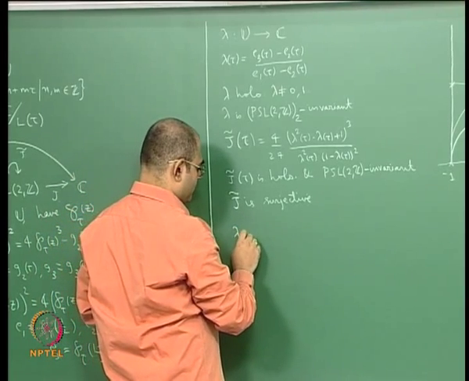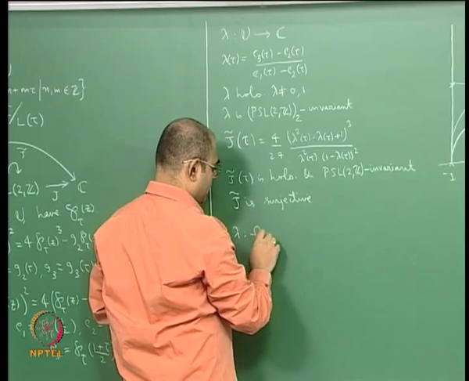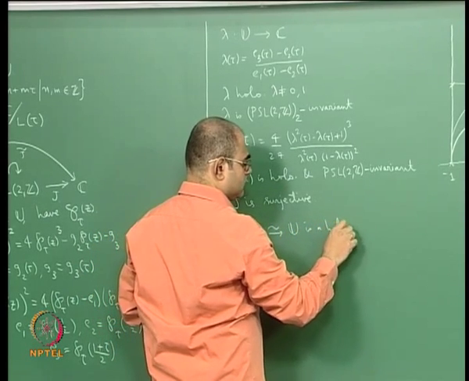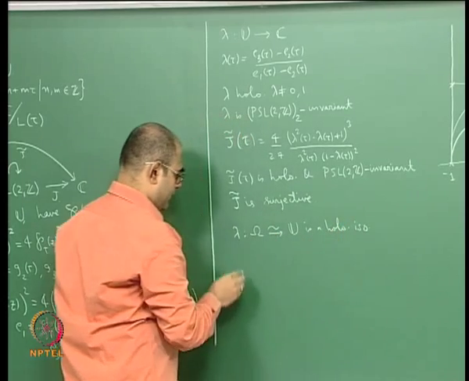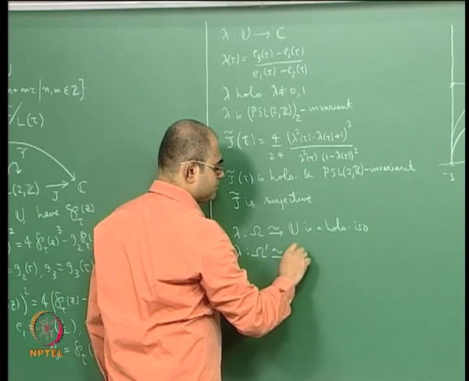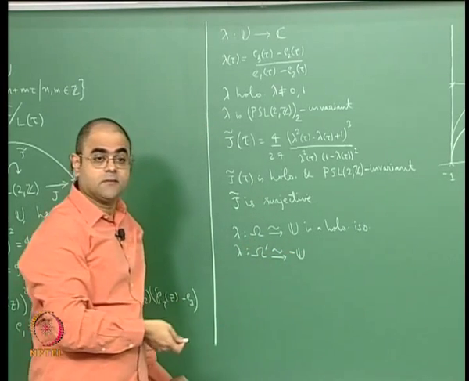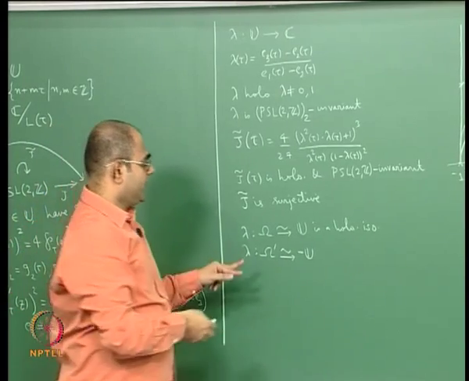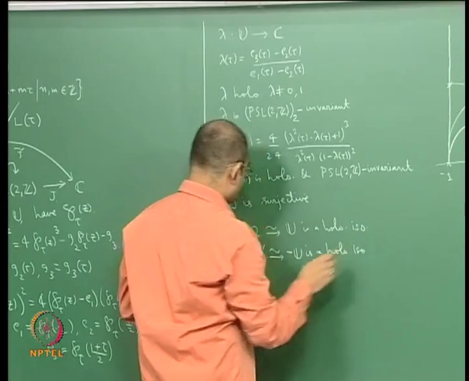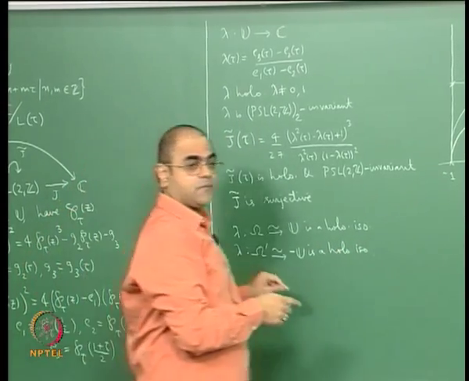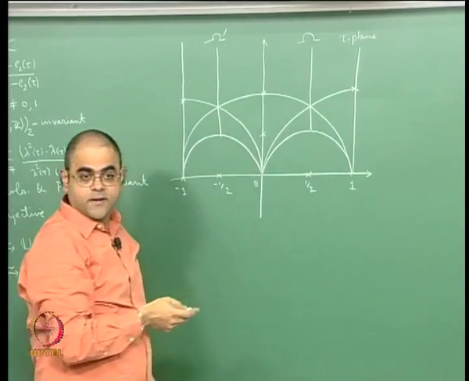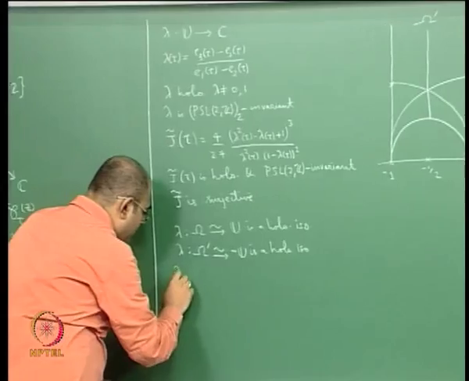Lambda from omega to u is a holomorphic isomorphism, and lambda from omega prime to minus u, by minus u I mean the lower half plane, that is also a holomorphic isomorphism. And in fact we also proved that lambda can be extended continuously to the boundary of omega, and it is monotonic.